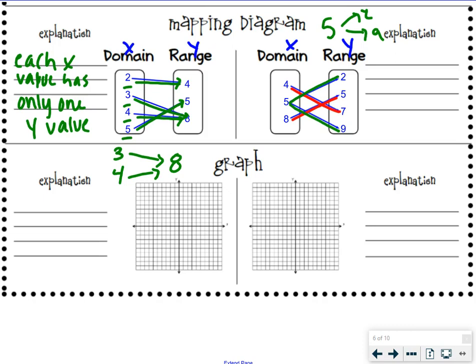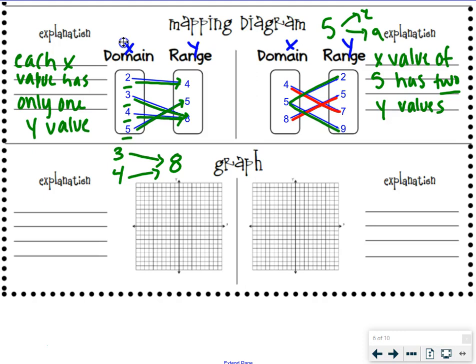So that's why it's not a function, and it's because our x value of 5 has 2 y values. It can't have 2 y values. So that's how you tell for a mapping diagram.